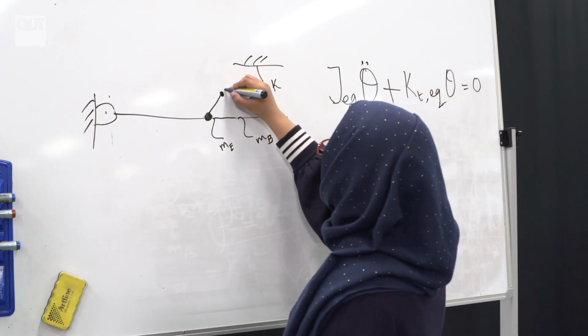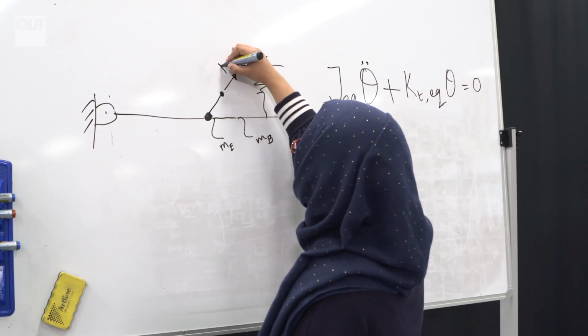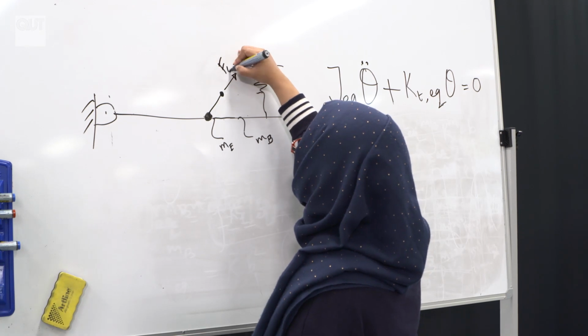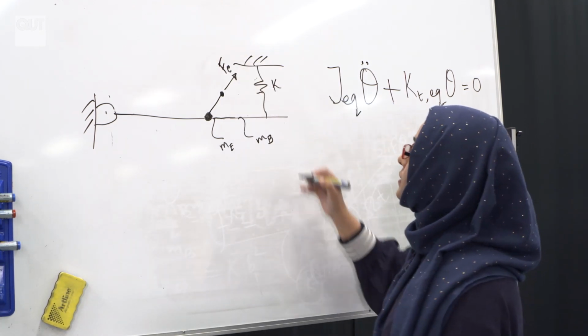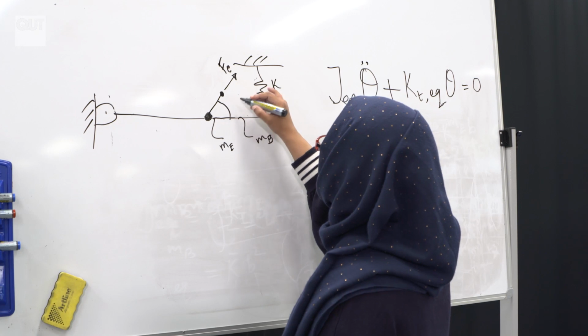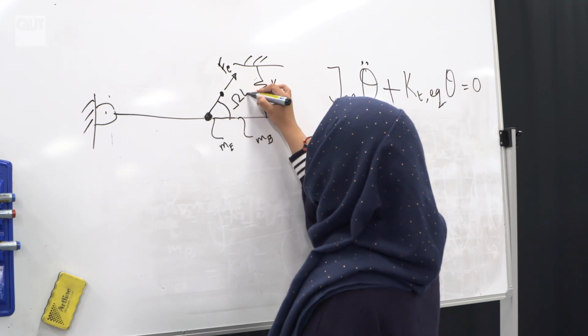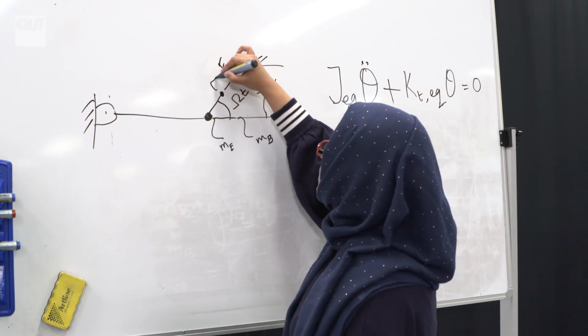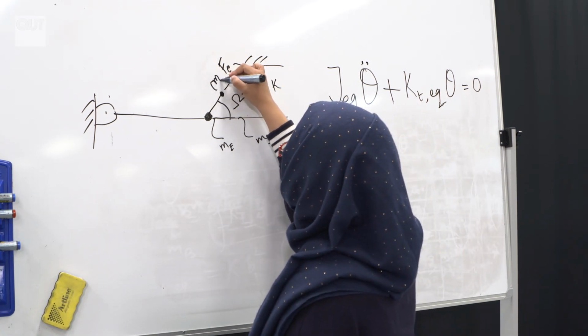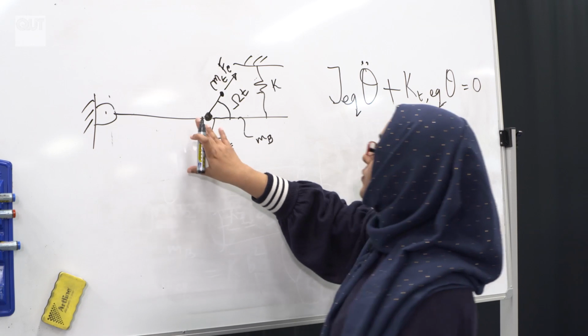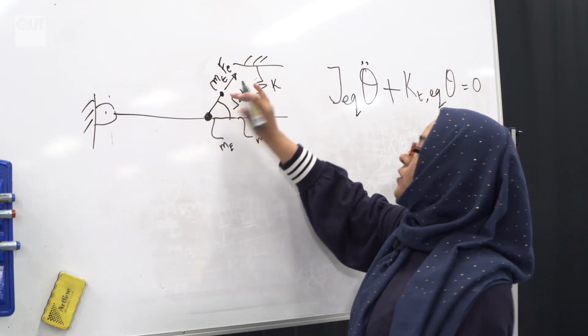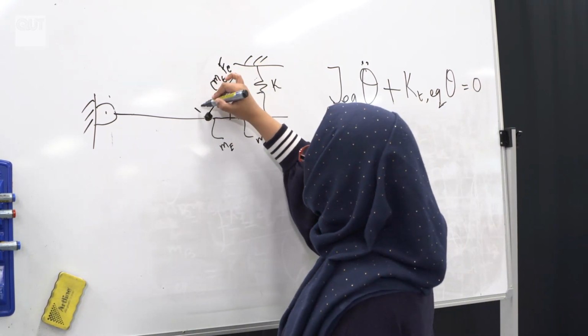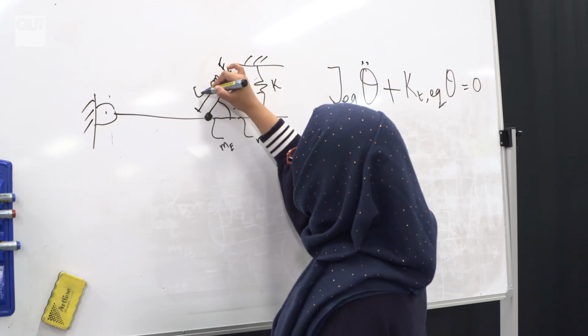That means the force is acting in this direction. Let us denote that force as Fc, and it is acting at an angle capital omega t. With this eccentric mass, let us denote it as m epsilon, and the distance from the center of the beam to the center of the eccentric mass can be denoted as epsilon.